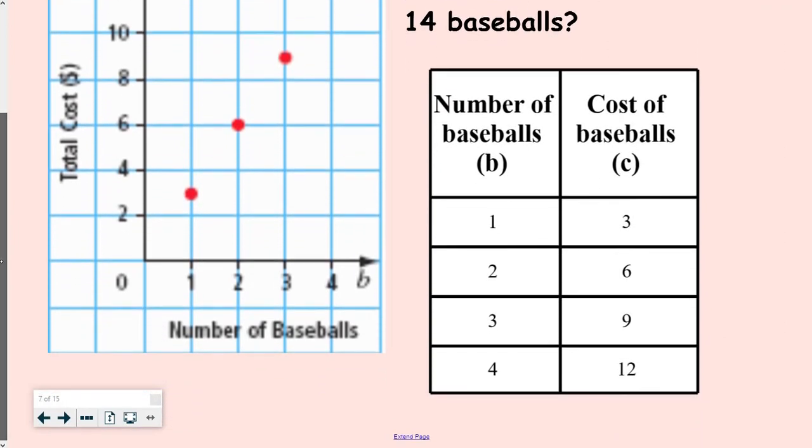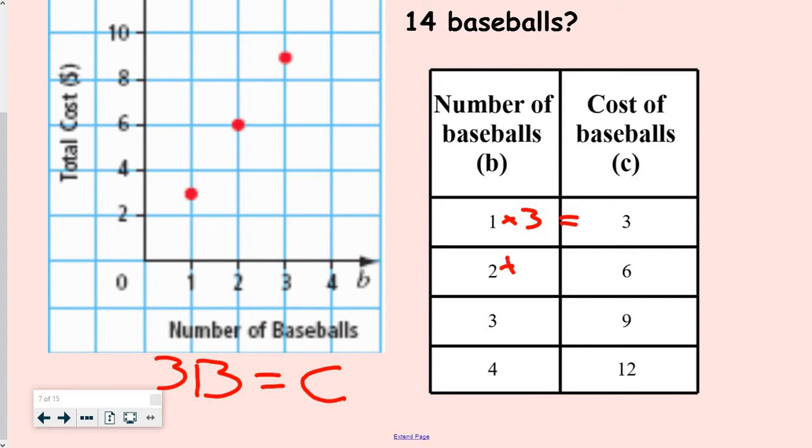Well, right now the relationship is B times 3 equals the cost of the baseball. So every time we have this, if we multiply it by 3, we get that. If we multiply it by 3, equals that. If we multiply it by 3, it equals that.